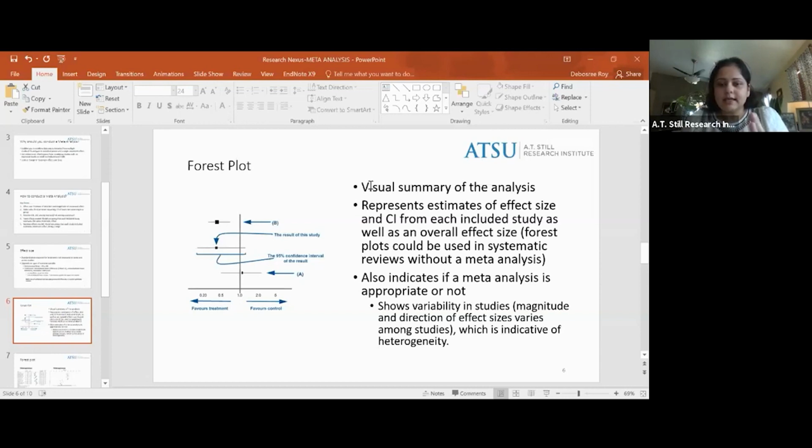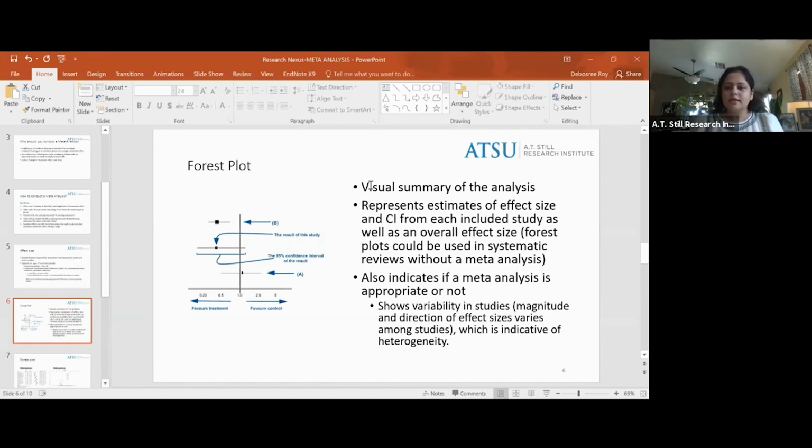But it also helps you decide whether the data supports a meta-analysis or not.